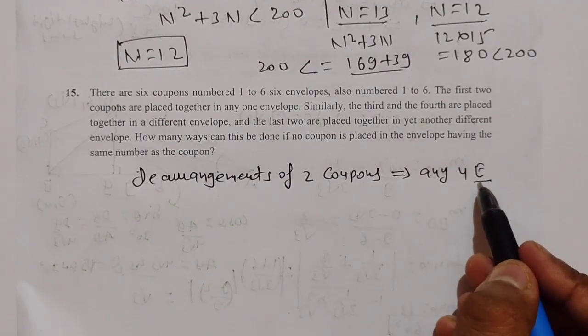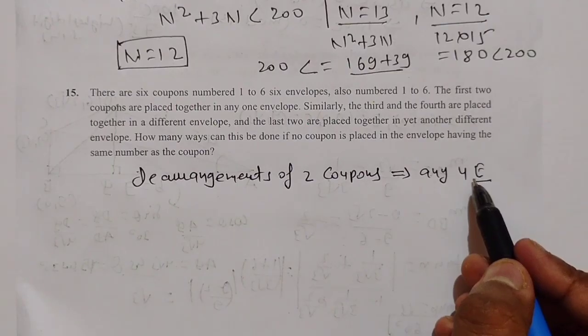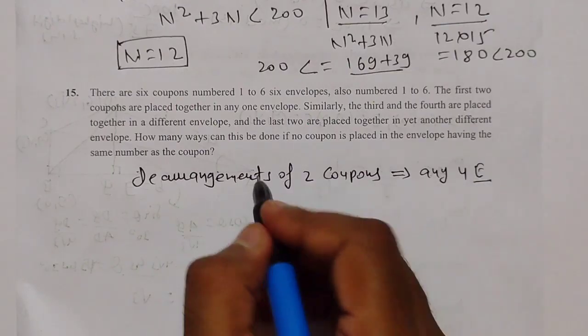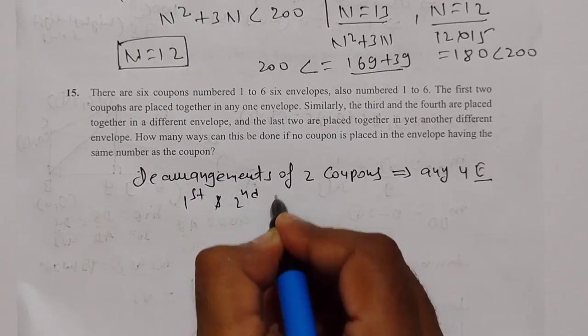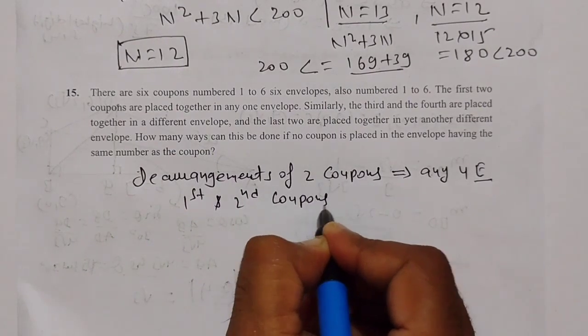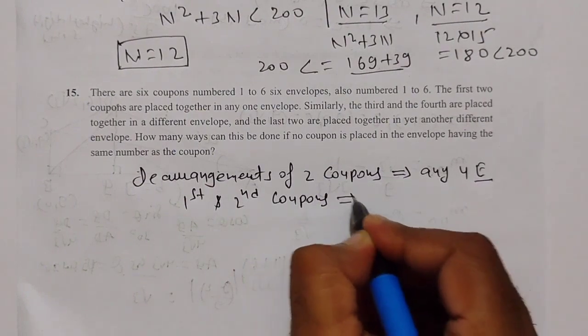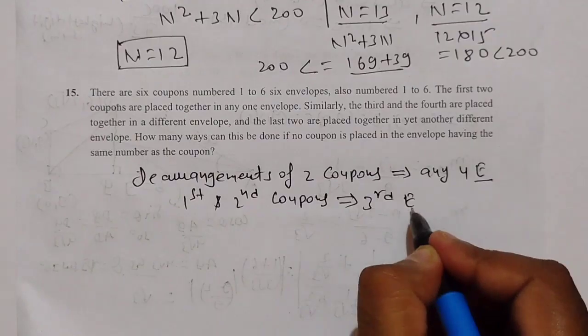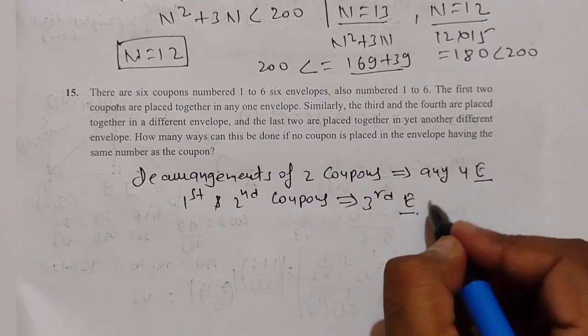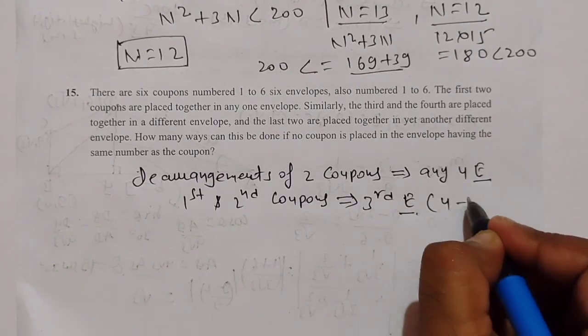Considering E as envelope, consider the first and second coupons go into the third envelope, and the total number of ways will be 4.